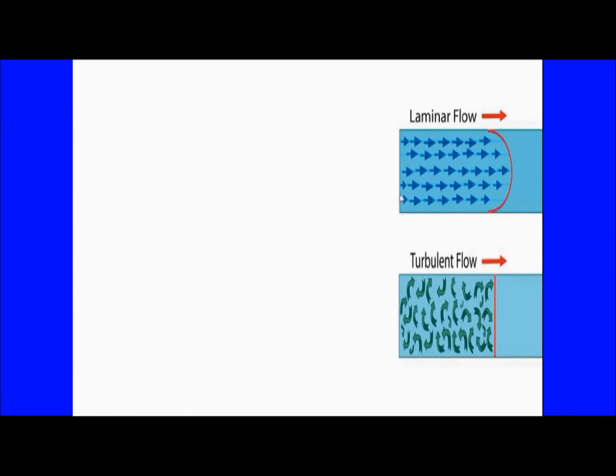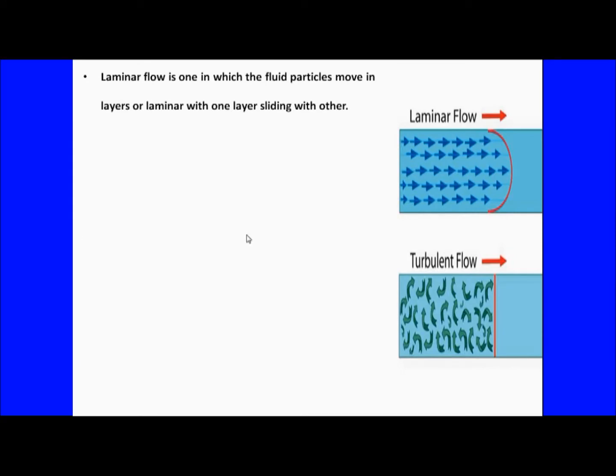So this is the laminar flow. See, they are moving in layers, but this is the turbulent flow. So suppose these are dye molecules, they are getting mixed with the water molecules. So the laminar flow is the one in which the fluid particles move in layers, with one layer sliding over another.